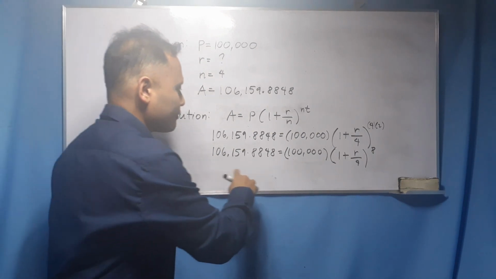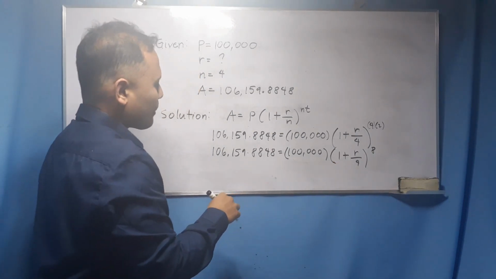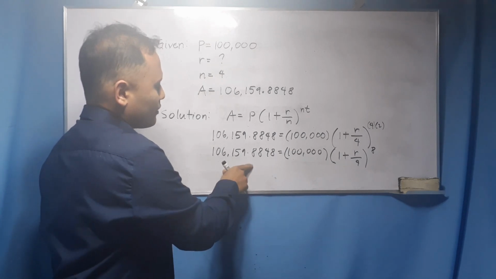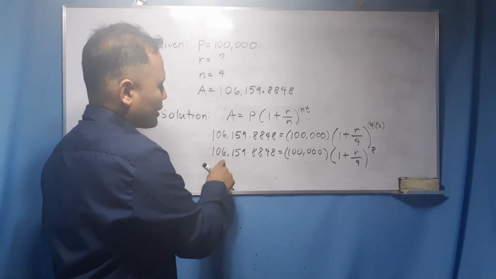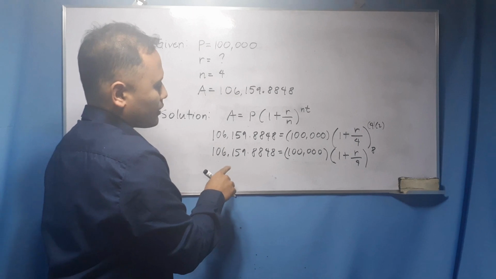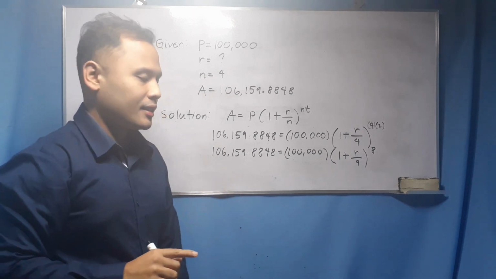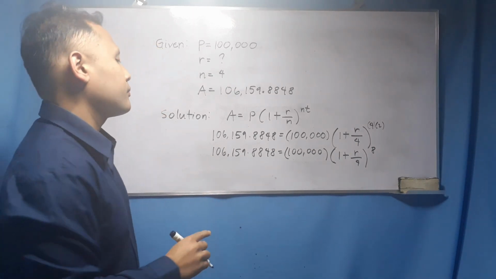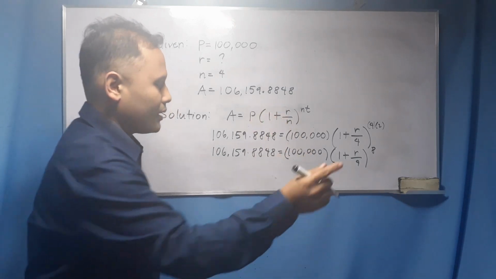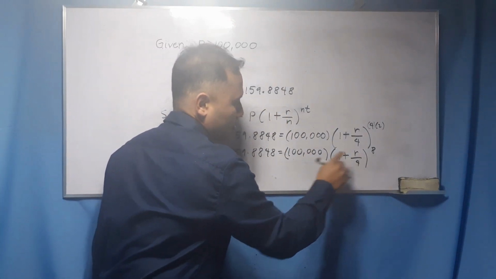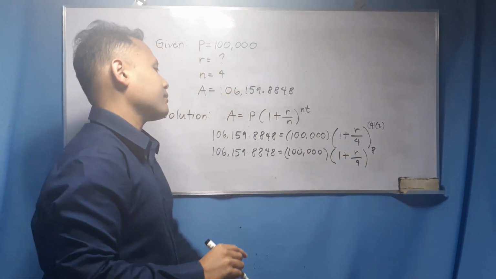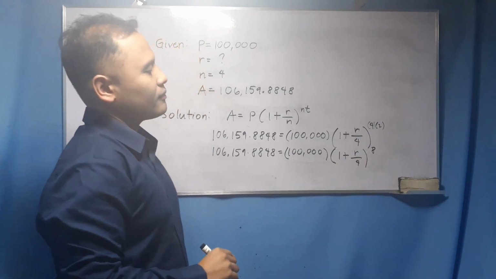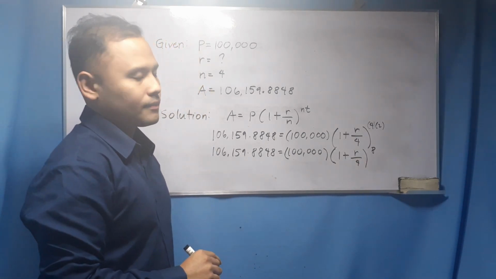So in the third line, nothing happens to the left hand side because 106,059 and 8,848 thousands is maintained. 100,000 is maintained. These expressions here are maintained, and we have 8 as the exponent.